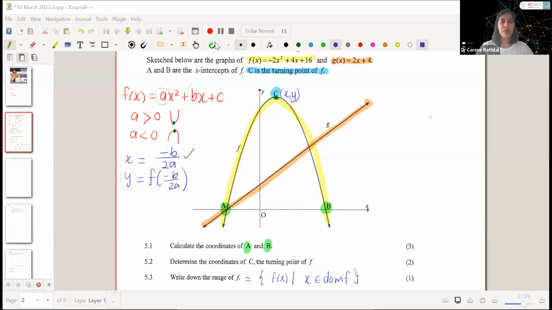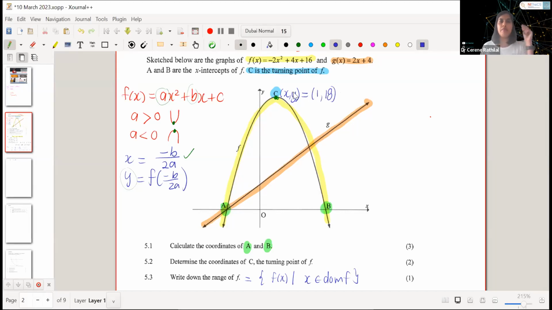Okay, great. Lots of responses coming in. I'm glad. Right. So remember, I told you that in the case when a is negative, like what we have, you have the sad face. That's the shape of our yellow graph, and it attains a maximum value. So it means y attains a maximum value. What was the maximum y value? We had calculated it, isn't that so? We saw that this was equal to 18.